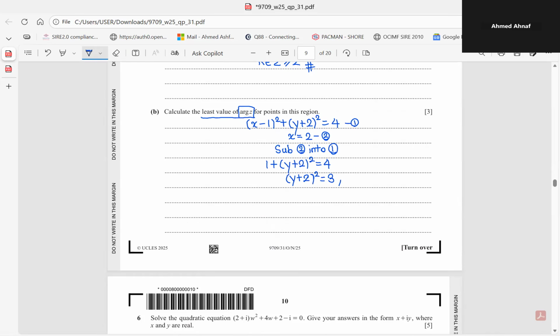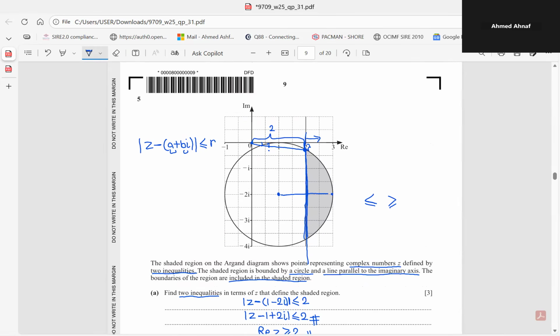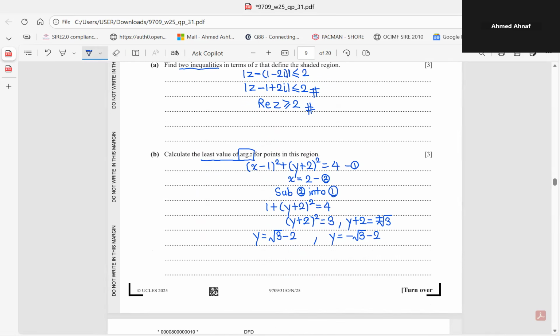And y plus 2 equals plus or minus square root 3. Then y equals square root 3 minus 2, or y equals negative square root 3 minus 2. Let's see which one is bigger.